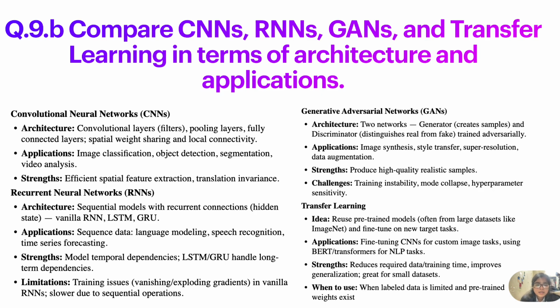Transfer learning: we reuse a pre-trained model, often from a large dataset like ImageNet, and fine tune on a new target task. It's used in fine tuning CNNs for custom image tasks, and using BERT transformers for NLP tasks. So here we use pre-trained models.